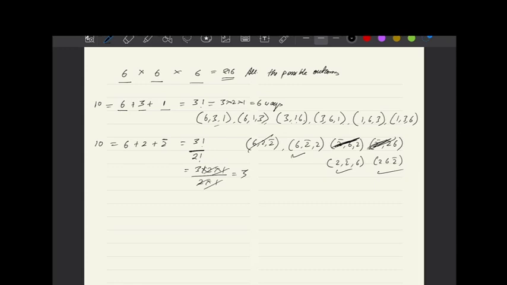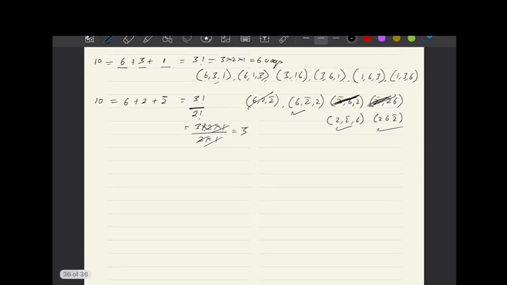Now let's quickly look through the other possibilities. The next possibility would be a 5, a 4 and a 1, which equals 10. Again, 3 factorial means there are 6 ways.